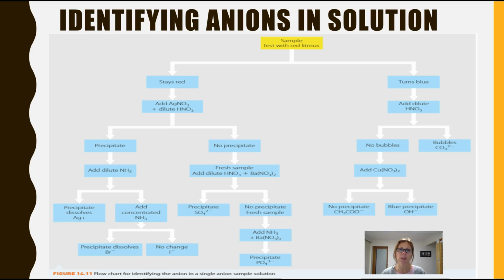Our acetate, that's like our ethanoic acid will form an acetate, the CH3COO. So if you smell a vinegar type smell, that's because of that acetic acid. So that is one of the tests to detect the presence of that acetate ion.